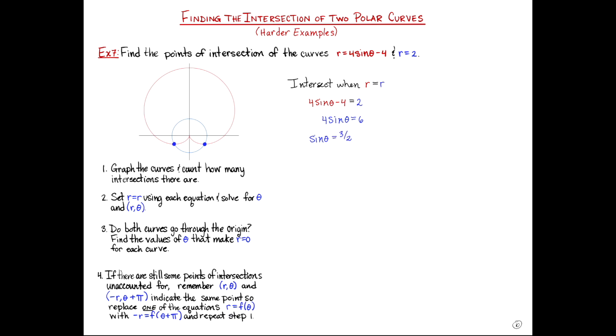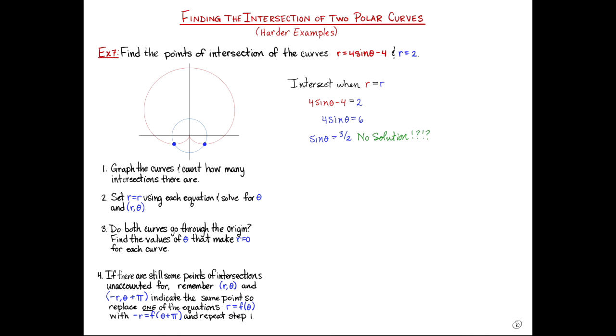We know that the range of sine theta has to fall between -1 and 1. There are no theta values that we could use that would give us back sine of theta equal to 3/2. But clearly, we can see that there are 2 points of intersection. So how do we find these 2 values?